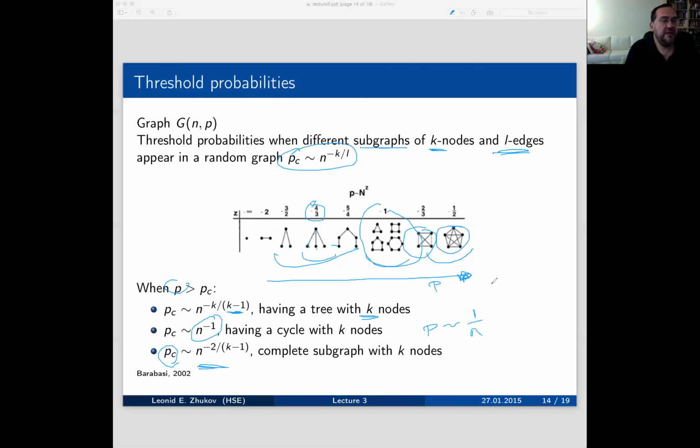So again and again, this model is fully controllable in the sense that you can predict lots and lots of very interesting events that happen in the graph. And the practical value of this is that you can compare the graphs you have at hand with this model and see how far they are from a random graph, or what you could expect if it was a random graph model.